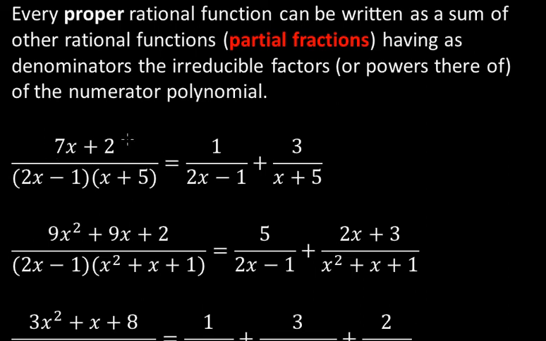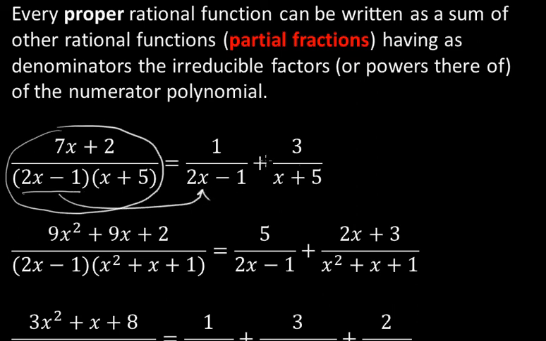This rational function, denominator factored as 2x minus 1 times x plus 5, would split into the sum of two partial fractions. We could say smaller rational functions, maybe. That's not really the right word to use, but 1 over 2x minus 1, see, the factor is here, plus 3 over x plus 5. This factor is here.